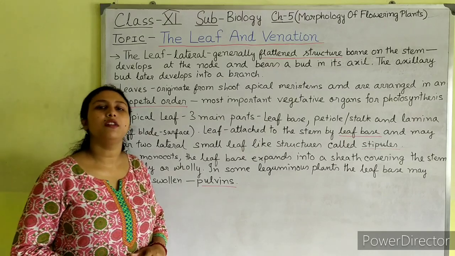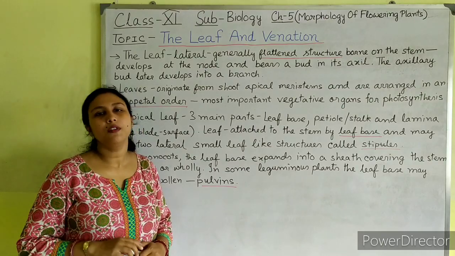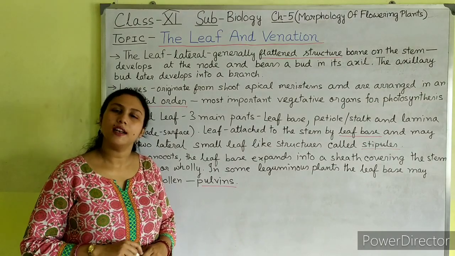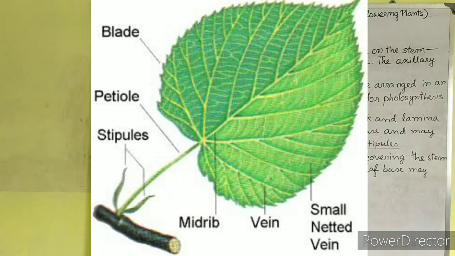Now, students, I will show you some pictures which you observe carefully and listen to my explanation. In this picture, you can see it is showing the parts of a leaf. You can see the labelings, that is the petiole or the stalk.